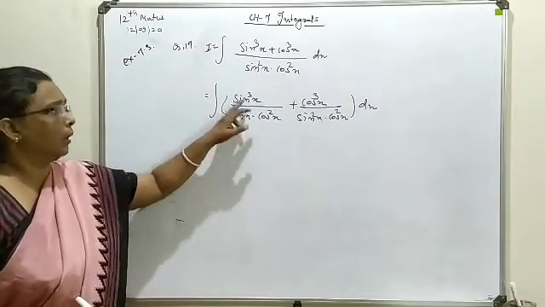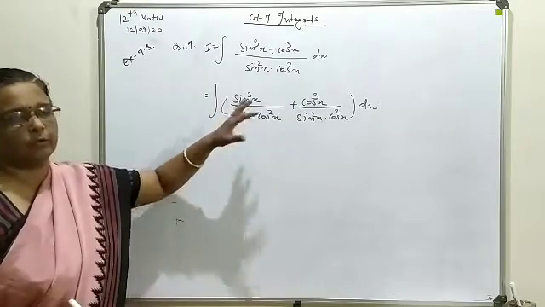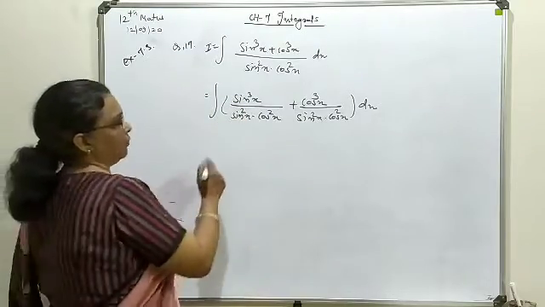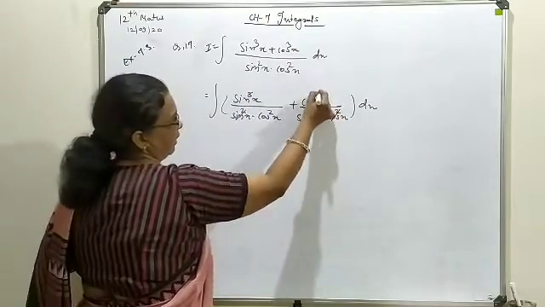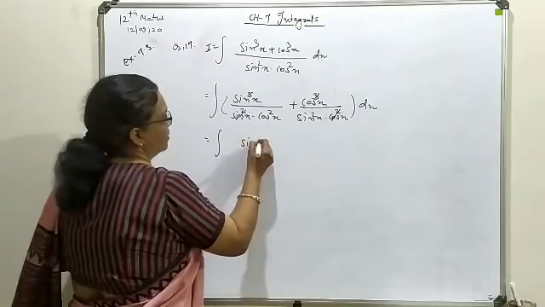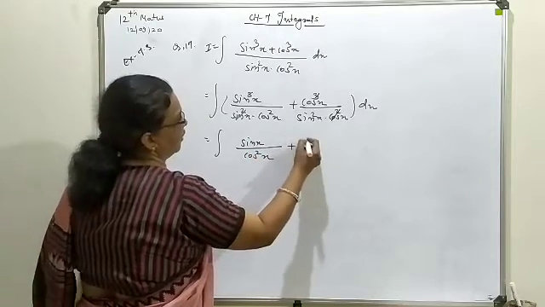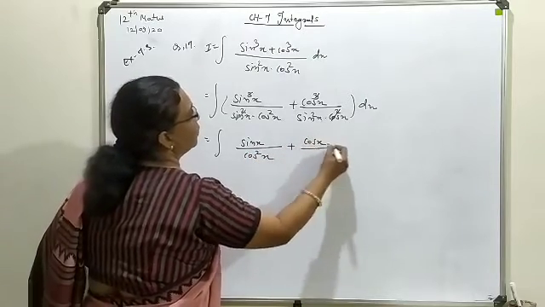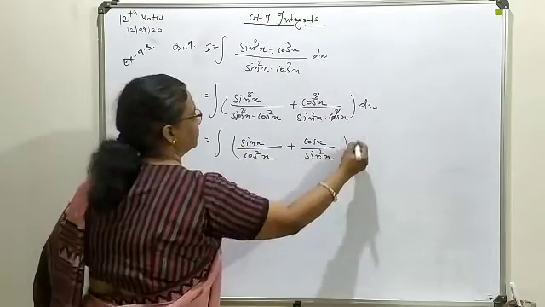Now here, make cancellation of the respective terms and try to convert to a single combination. Here this sin square will cut with your sin, and cos square will cut with your cos. So the remaining is sin x upon cos square x, whereas here you are having cos x upon sin square x.